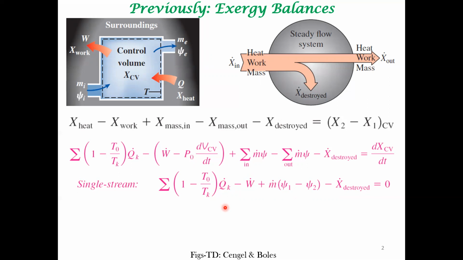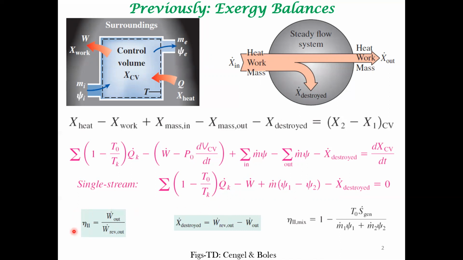So why did we do all these exergy balances? It gave us something like a second law efficiency, right? What do you mean by second law efficiency? If you imagine a process, there is the ideal case where, let's say, the maximum work is obtained. That is done when you have a reversible process, and you compare that ideal case versus what you actually have.